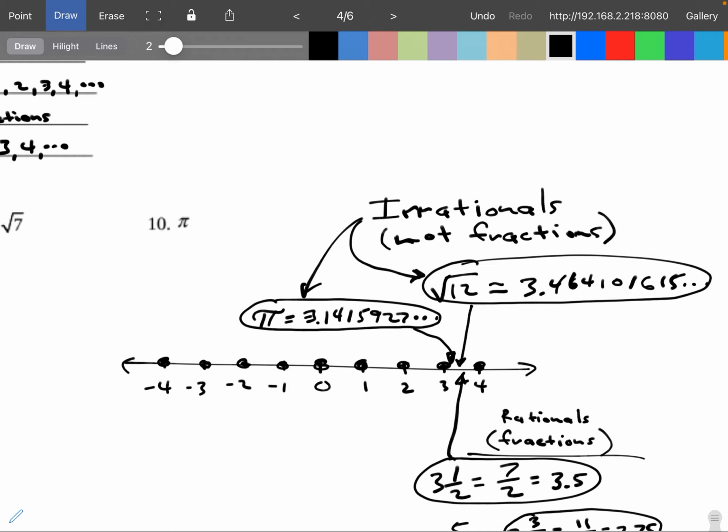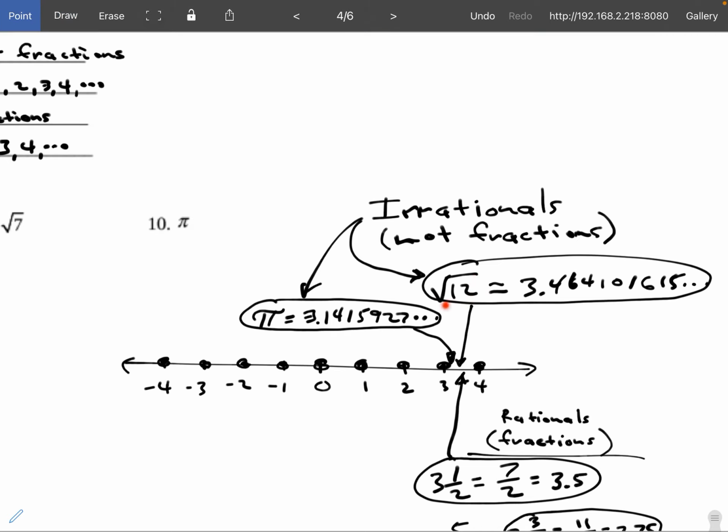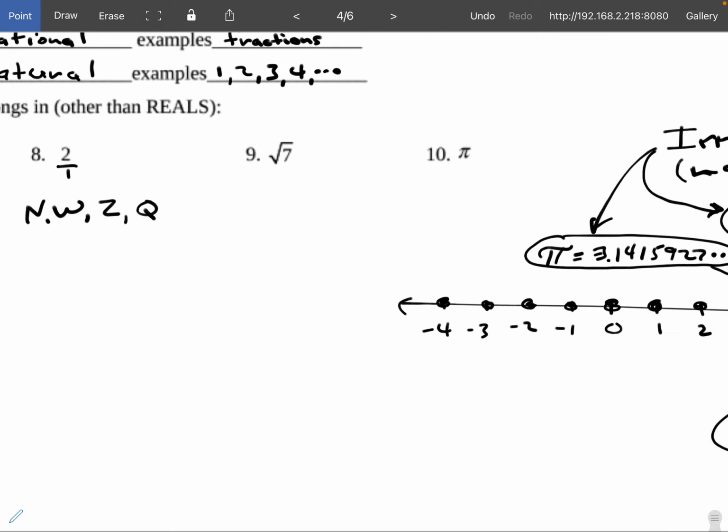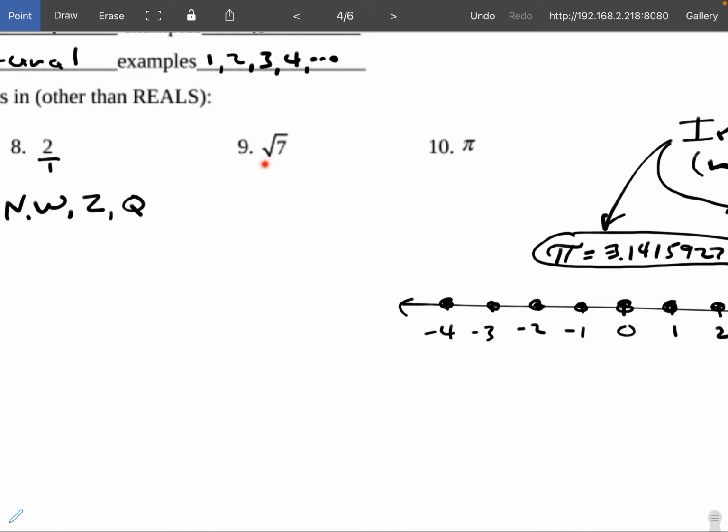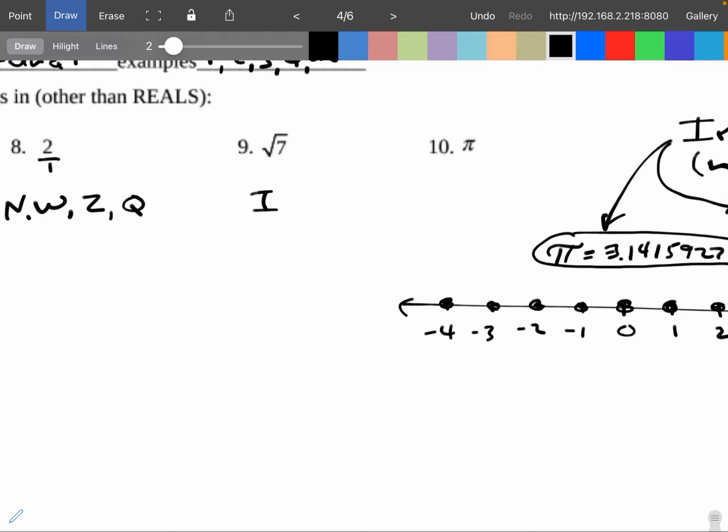Come on, it's like this one right here. 12 is not a perfect square. What kind of number is this again? It says right above it. Read it off for me. Irrational. Square root of 12 is irrational because 12 is not a perfect square. So what's the square root of 7 then? It's irrational. So what symbol do I write? I. Thank you. So that is I.